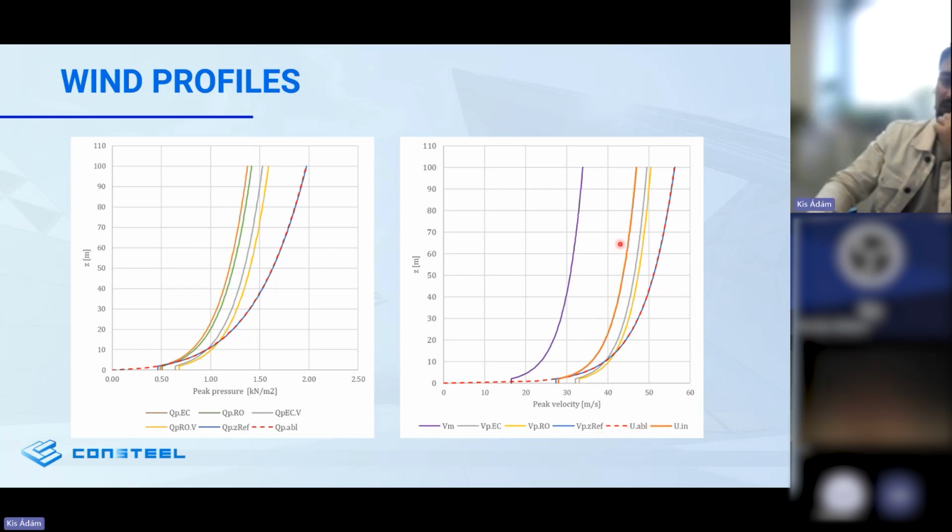So this would be this velocity inlet, this orange profile, which I showed in a comparison with other profiles: the exact Eurocode peak velocity, and the mean profile from the Eurocode, also the atmospheric boundary layer, which is the basic OpenFOAM profile.